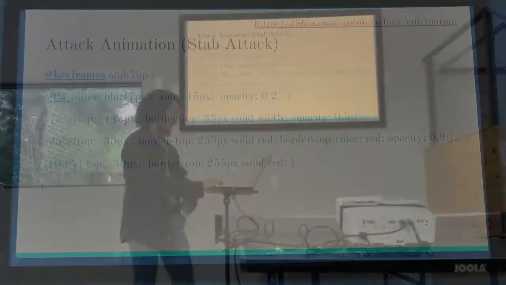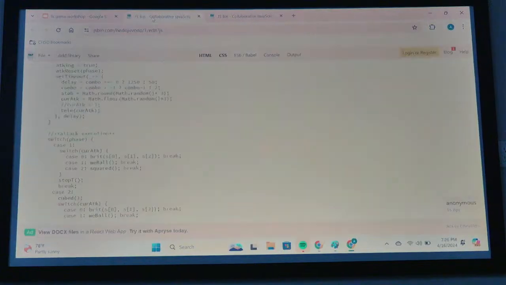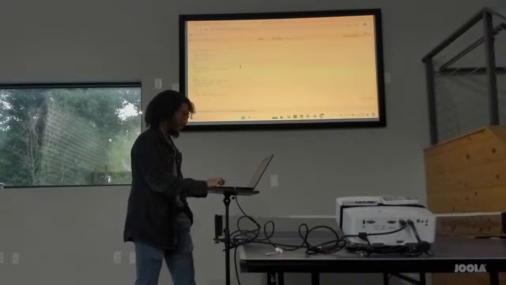Haven't showed that too much, but with this, it's a keyframe animation. So at certain points, it'll adjust the CSS. Yeah, so here it is, where you'll change the filter, bring it up, and then bring it down.